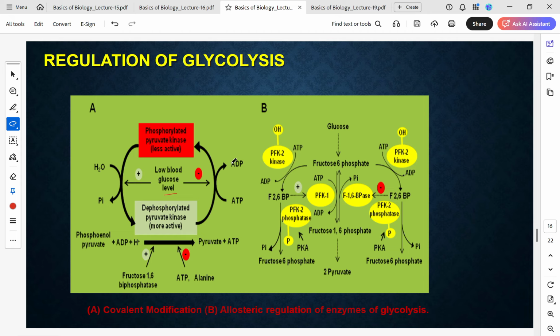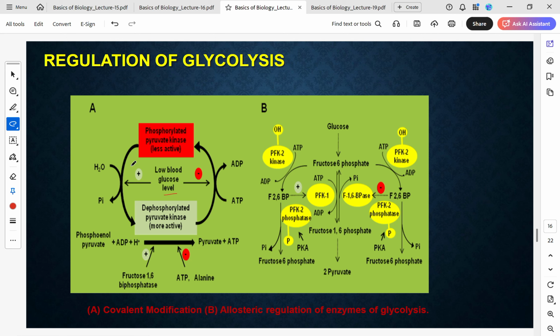the pyruvate kinase, which is required for the reaction, can be present in dephosphorylated or phosphorylated form. The phosphorylated form is less active. If there is low blood glucose level, pyruvate kinase utilizes one ATP molecule to form phosphorylated pyruvate kinase, which is less active.